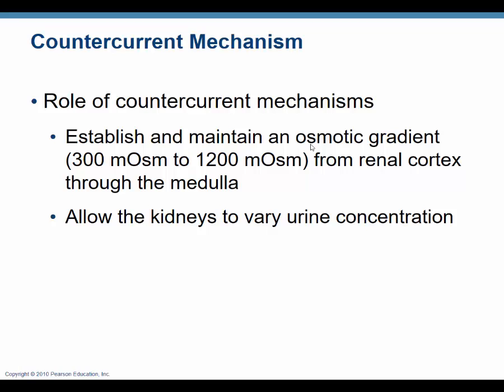So countercurrent, we have fluid going up and going down right next to each other in the medulla of the kidney. Countercurrent just means flow is in opposite directions in the loop of Henle. Again, these are all possible test questions. What does countercurrent mean? It's referring to the loop of Henle, and it's the opposite flow of fluid, down in the descending, up in the ascending.